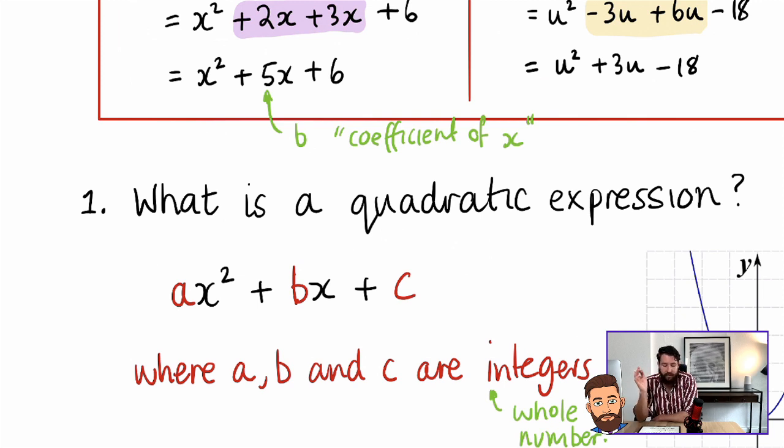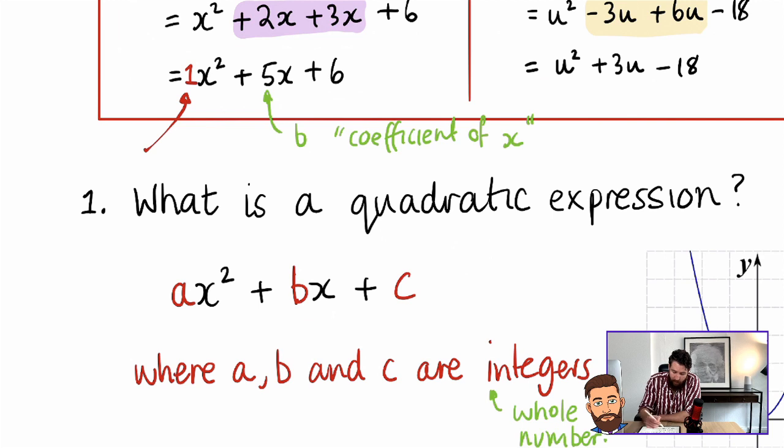That just means it's the number in front of x. Coefficient is the mathematical, the fancy way to say the number in front of x. Okay, and in this case, the coefficient of x is 5. What is the coefficient of x squared? 1. Okay, so A is 1.